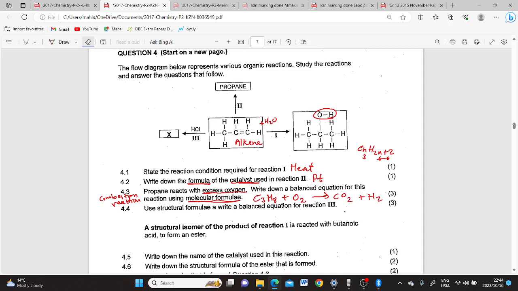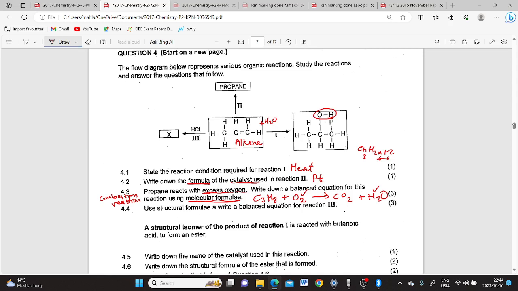For writing this only, you have your 2 marks, the reactants and the products. So make sure that you know what is being produced and what the reactants are.